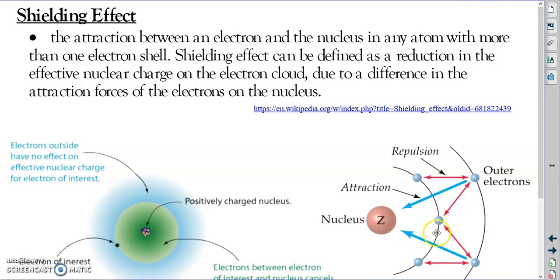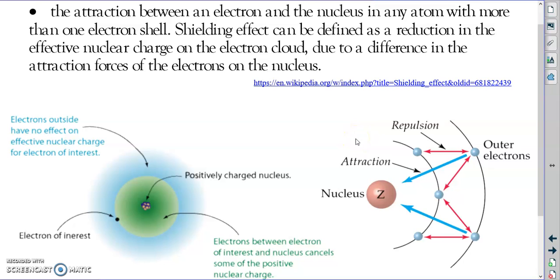If there's an inner layer of electrons, that nuclear attractive force has a tougher time reaching the outer electrons, because these inner electrons create a repulsive force that repels the nuclear attractive force to the outer electrons. That's what we're really talking about, the shielding effect.